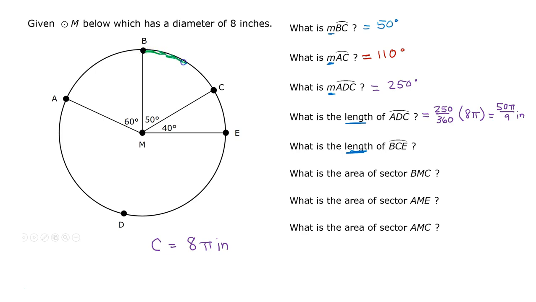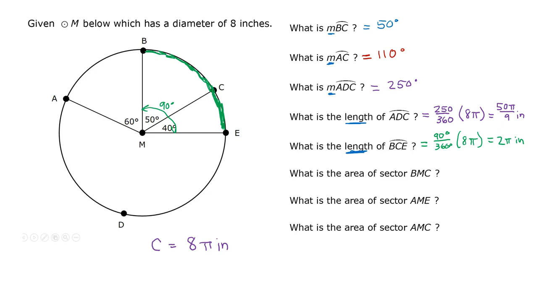Now we could probably just call this arc BE because it is a minor arc. But there's no harm in calling it BCE. I can see that this total measure here is 90 degrees. So for this case, I'm going to be doing 90 degrees over 360 degrees times 8 pi. 90 over 360 is 1/4, so this is going to be 2 pi inches.